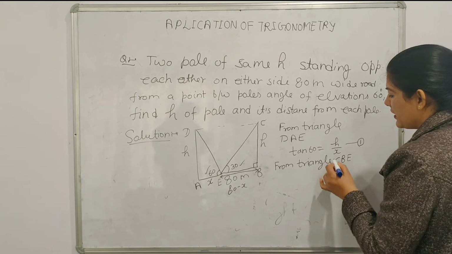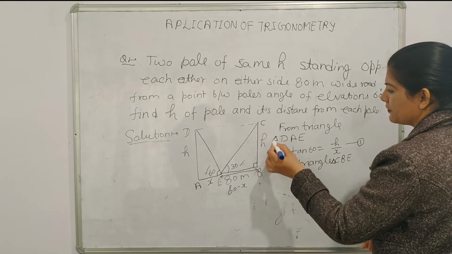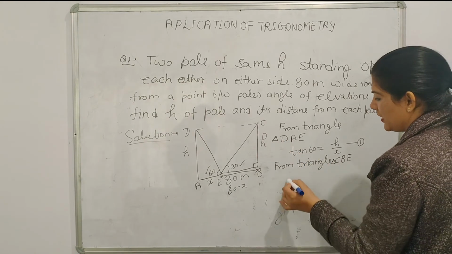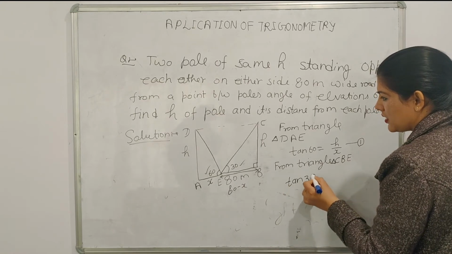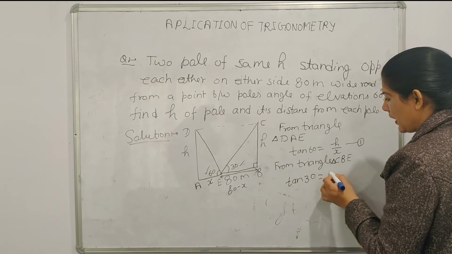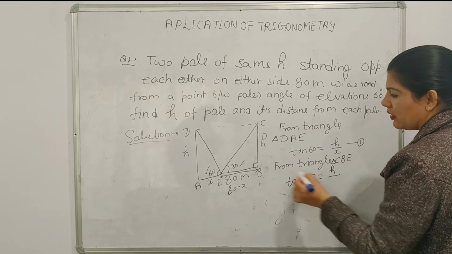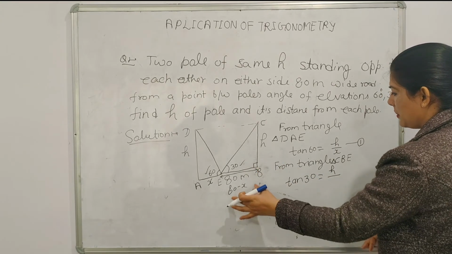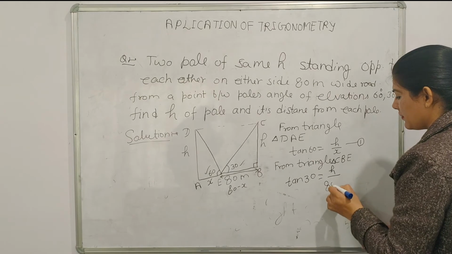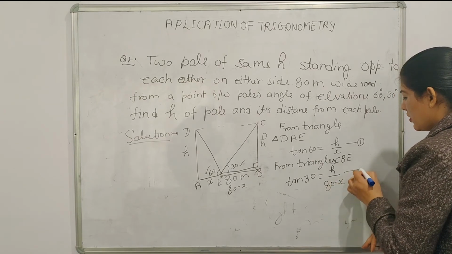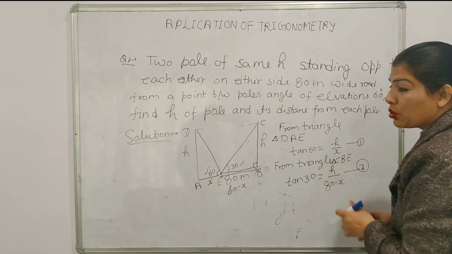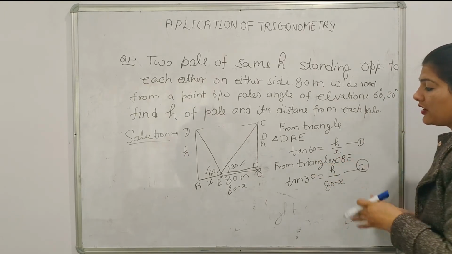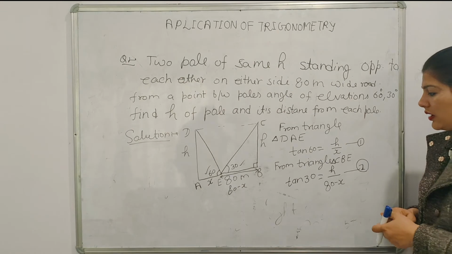So from this triangle, tan 30 is equal to BC, perpendicular upon base, and the base is 80 minus x. So I know the value of tan 60 is root 3 and the value of tan 30 is 1 upon root 3.